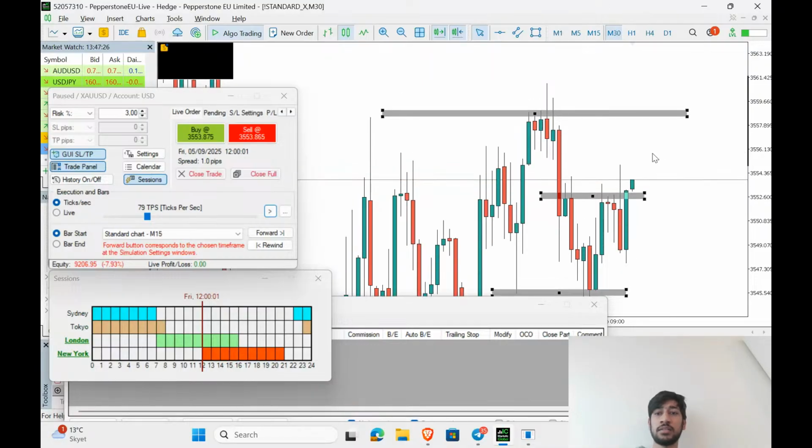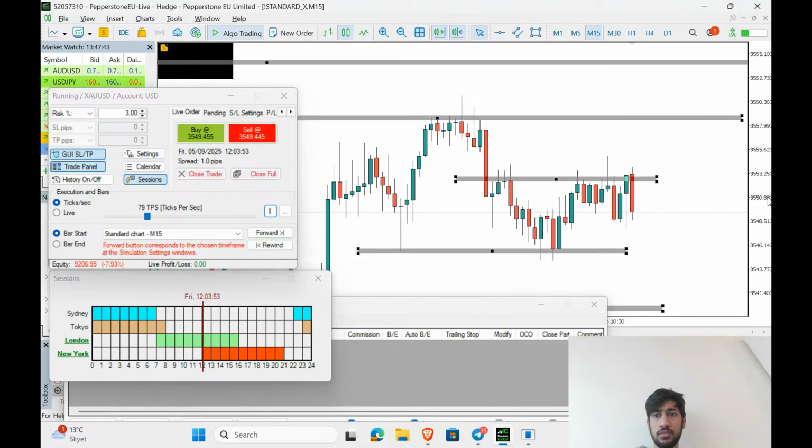So what I expect is this candle to pick up, come down, and again break its own high. Then yeah, a break up of its own high, which we will not.